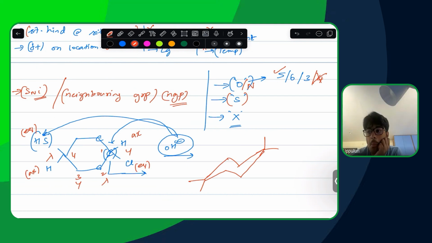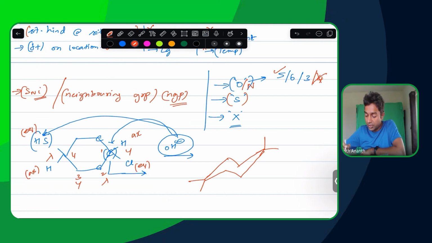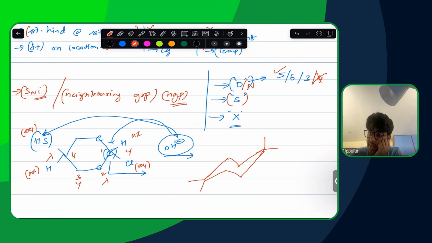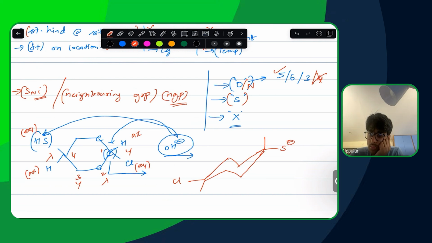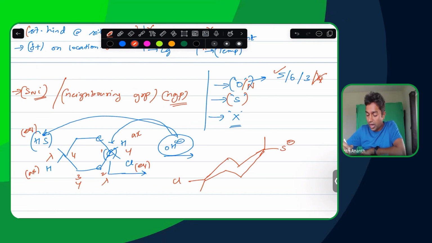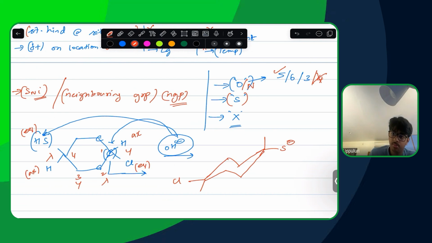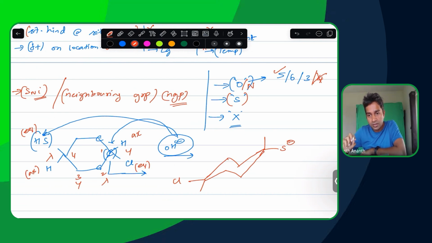So now let's place the chlorine here. Where will it be? Chlorine and sulfur will be equatorial, equatorial. So I have S minus here and I will have chlorine here, or I will have S minus above and chlorine in the bottom. Same. So properly they are in opposite directions. So that is satisfied properly.